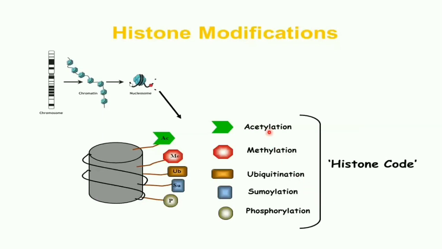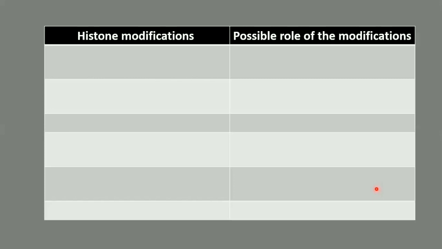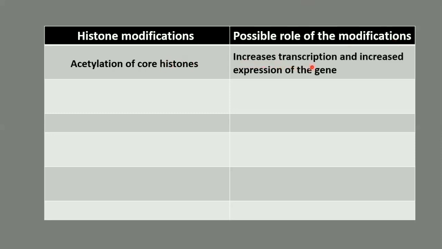Apart from acetylation and methylation of histones, there are different histone modifications, that is ubiquitination, sumoylation, phosphorylation. All these different types of histone modification are known as the histone code. Just to see all the possible roles of modification: we saw acetylation increases transcription and increases expression of genes.